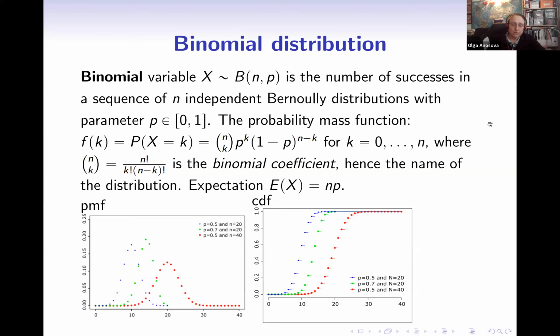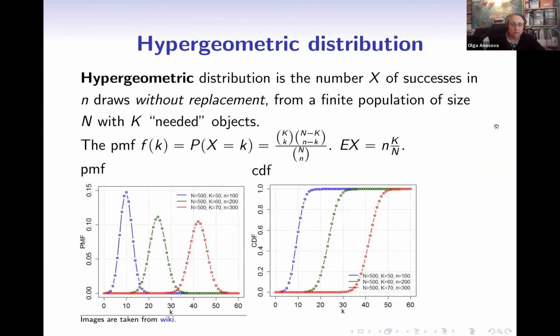But the next distribution is slightly less canonical. It is the so-called hypergeometric distribution. And hypergeometric distribution is also the number of successes in n repetitions. But this time, those repetitions are not independent.